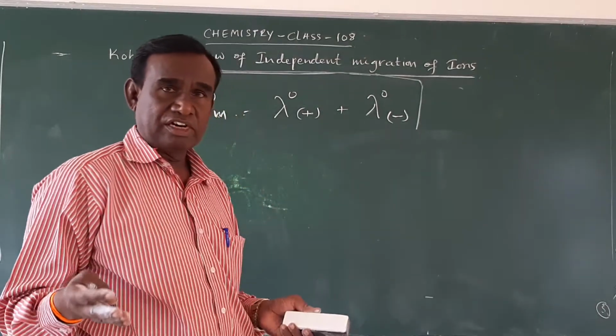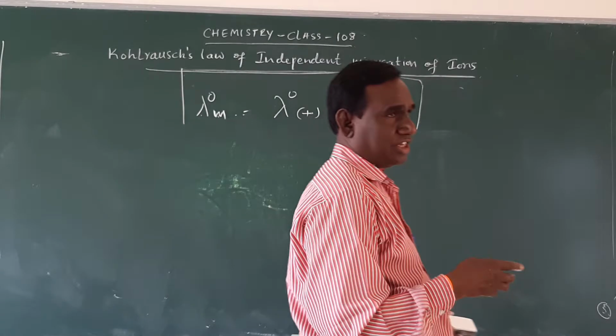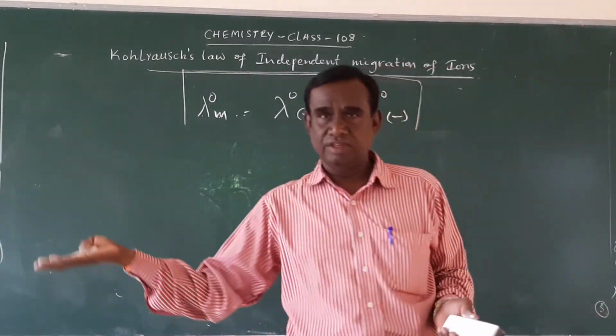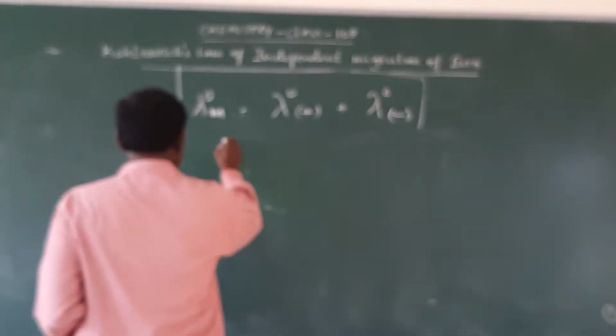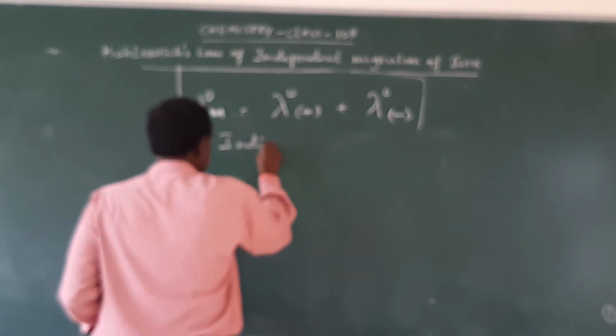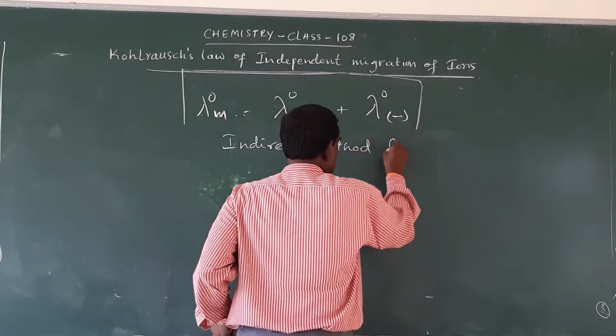But for weak electrolytes, by the graphical method, we get a curve. Therefore, it is not possible to extrapolate the curve to zero concentration, and so it is not possible to calculate lambda naught m for weak electrolytes directly. For this reason, we go for the indirect method for weak electrolytes.